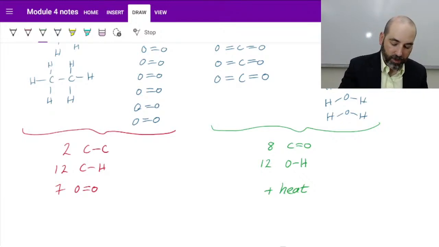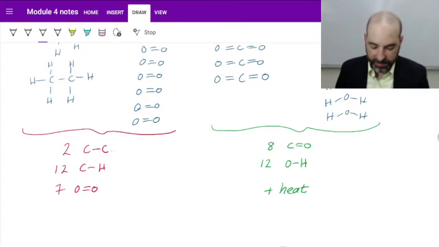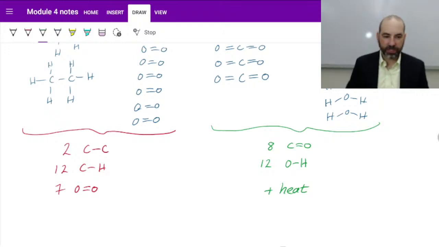So what this tells us about the bonds here is that these bonds that we started with are higher in energy overall.